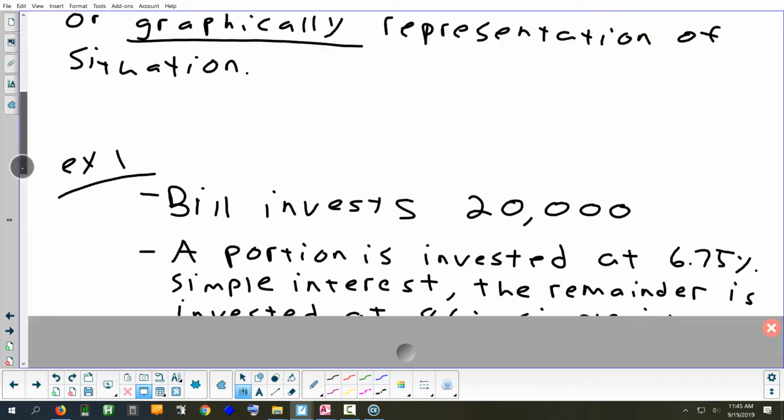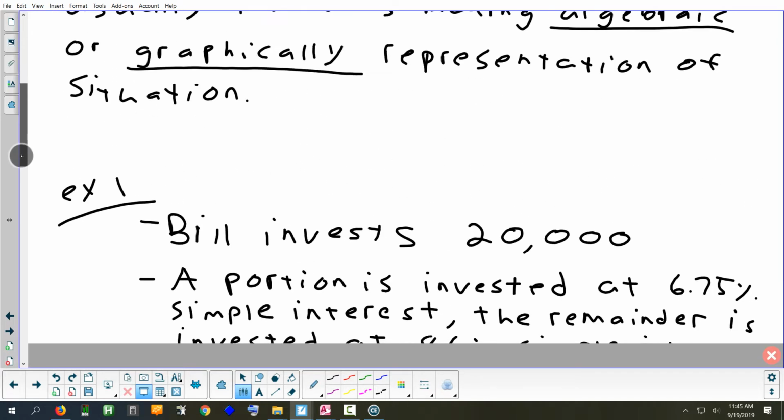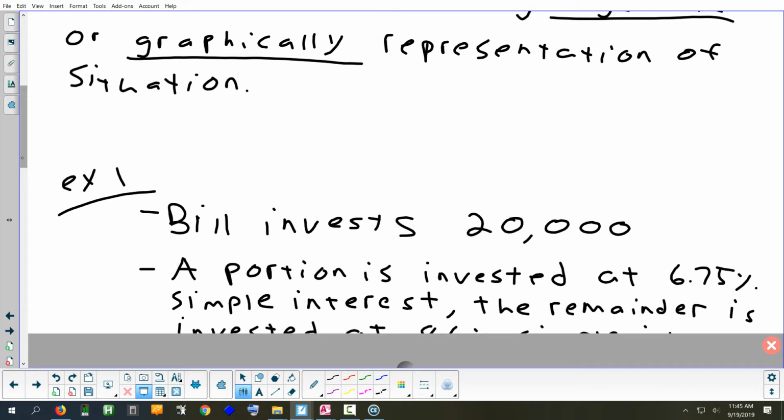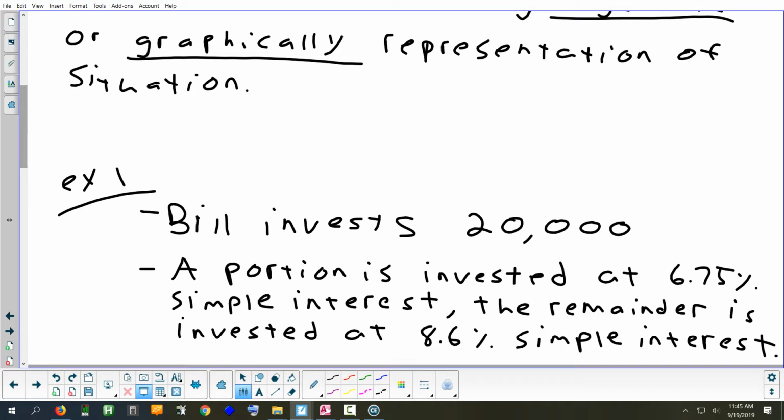So, for this problem, Bill is going to invest $20,000. Now he has 2 investments to pick from. One of the investments pays 6 3/4% interest. That's the amount he's going to make on his investment. And the other investment pays 8.6%. These investments are simple interest investments.